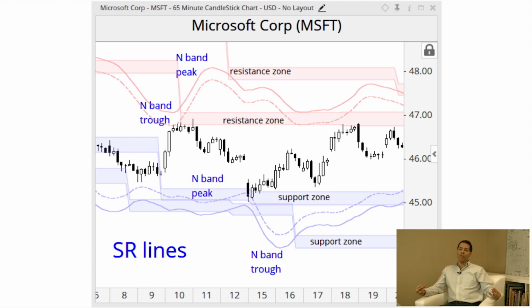So I didn't invent support and resistance. I just reinvented an adaptive way to calculate it. Today's markets are so volatility-measurement dependent that volatility, and all the ways that you can measure it, are much more predictable.